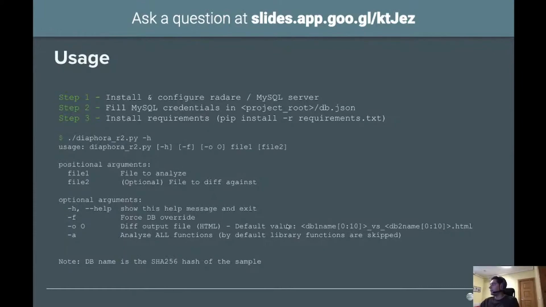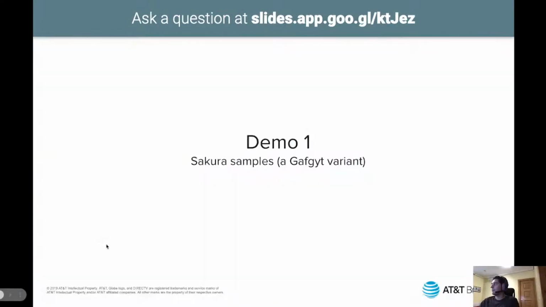The default name for this file will be the first 10 characters of the first file's hash, underscore vs underscore, and then the first 10 characters of the second file's hash, .html of course. And with -a you can disable the skipping of the library functions. By default it is being done. With -a everything gets analyzed.